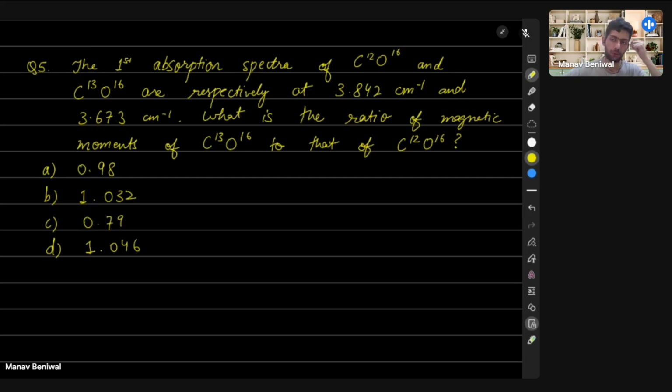So we have two isotopes of carbon and their absorption spectra are obviously at different locations because they have different masses, therefore they will have different moment of inertia and therefore different B and everything related to rotation. Okay, so what we are asked is to calculate the ratio of magnetic moments of C13O16 to that of C12O16.